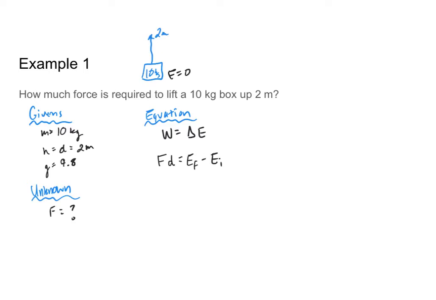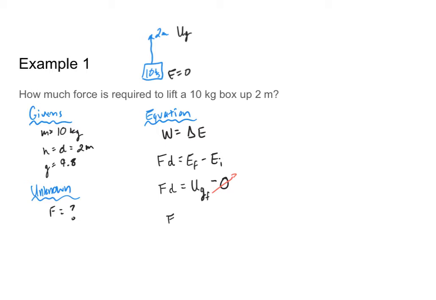When I go to the top, my box isn't moving, but I do have potential energy due to gravity. So force times displacement is equal to my gravitational potential energy at the end minus my initial energy, which is 0. Of course, I can cross this off and just write that FD is equal to UGF.